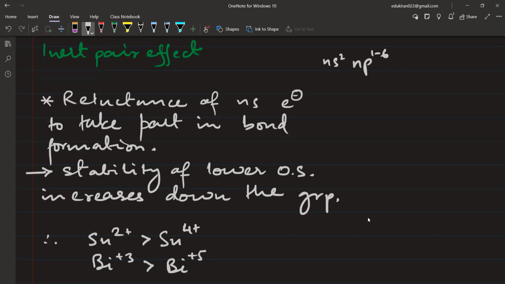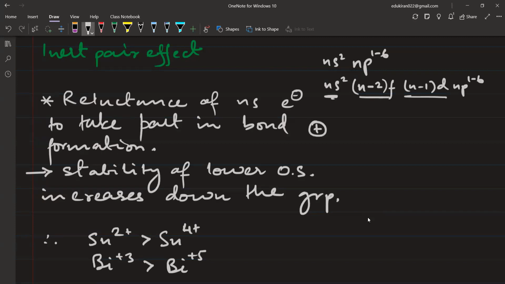But as we go down the group, ns और np के बीच में you can have ns2, (n-2)f, (n-1)d and np 1 to 6. ठीक है, f और d subshells भी बीच में आ जाते हैं. Now, as more and more f and d electrons come between s and p, तो उस वजह से क्या होता है?